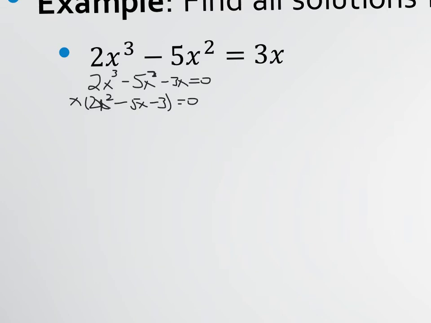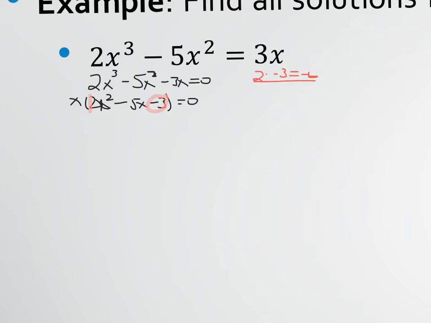Now, you could use quadratic formula with that trinomial, or you could factor it. Remember, when we factor, we're going to take the front times the back. Okay, so 2 times negative 3 is negative 6, and we want factors of negative 6 that add to give us negative 5.